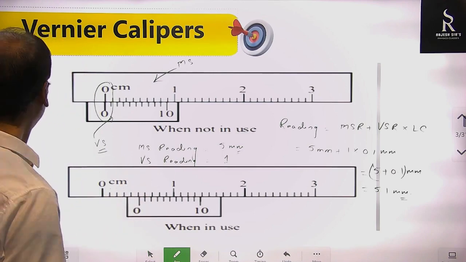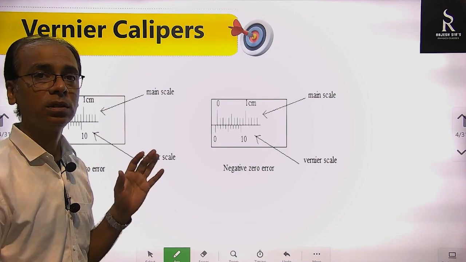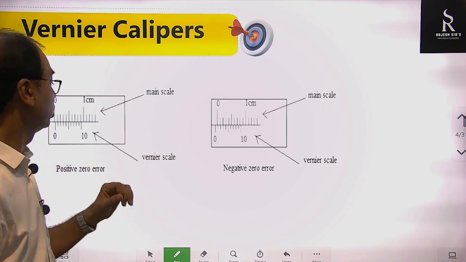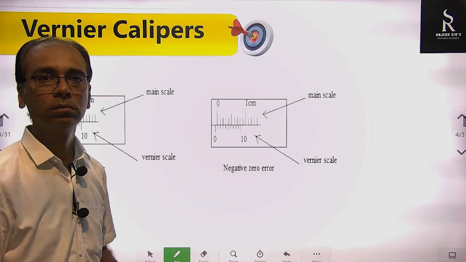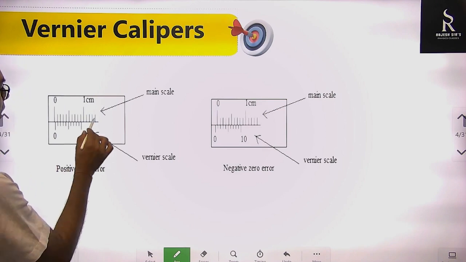Let's see. Zero errors are there because zeros of both the scales are not coinciding. There are two types of zero errors, positive and negative. In this one, you can see that this is the vernier scale below, and the upper one is the main scale.